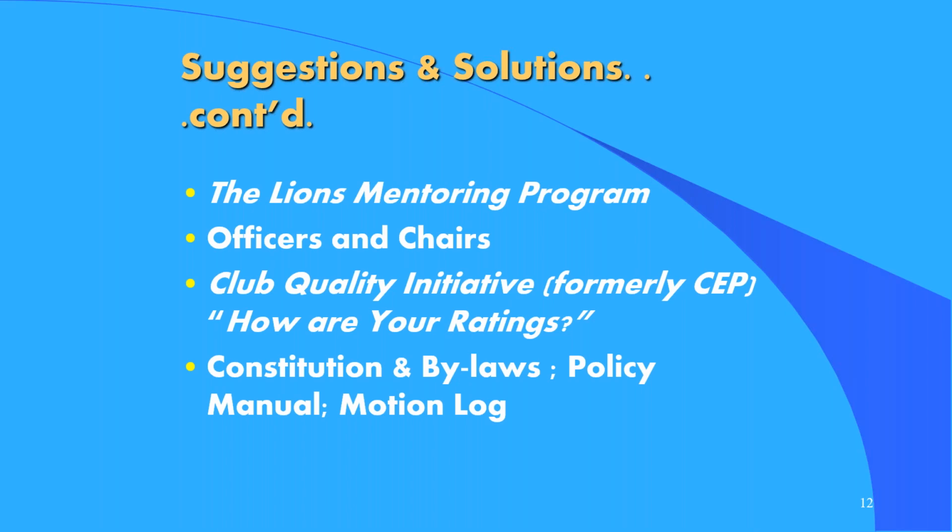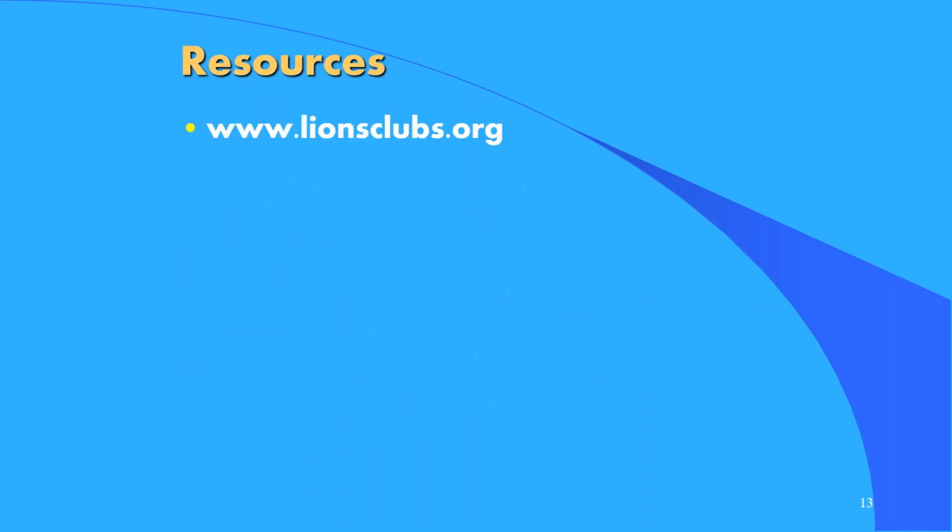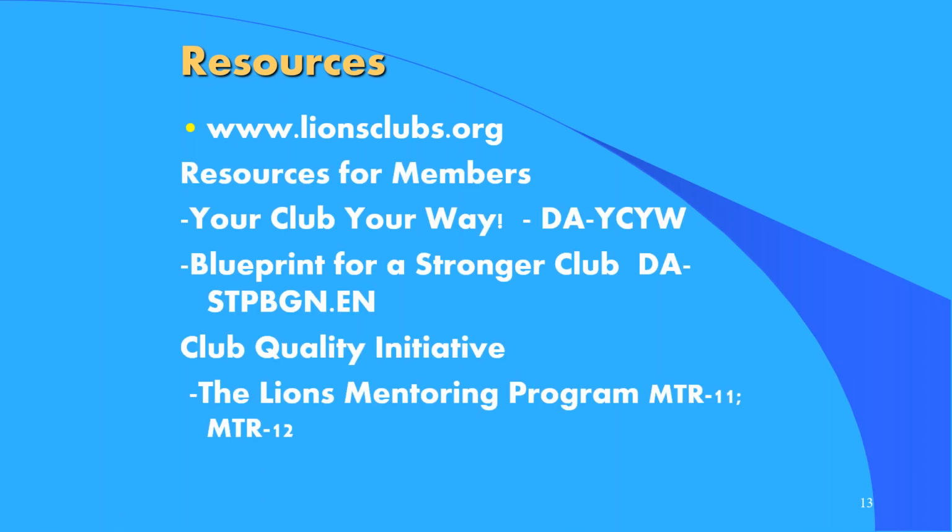Okay. Well, we want to have some time for some questions and answers at the end, so I think that's the sum total of the presentation there. I just want to review the resources with you, because this is what everything is based on. Most of it comes from Lions Clubs International website, lionsclubs.org. And there you find, under resources for members, all sorts of things.